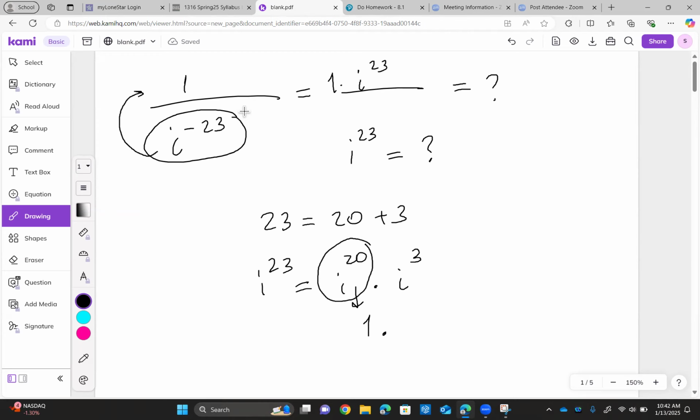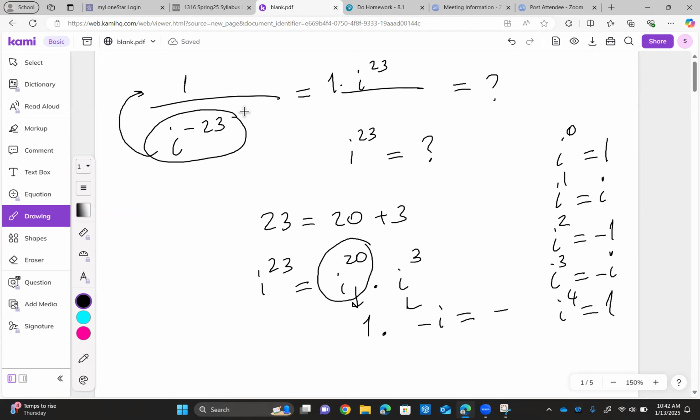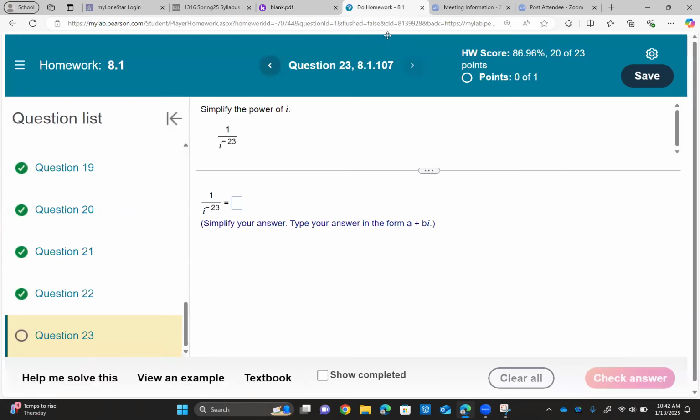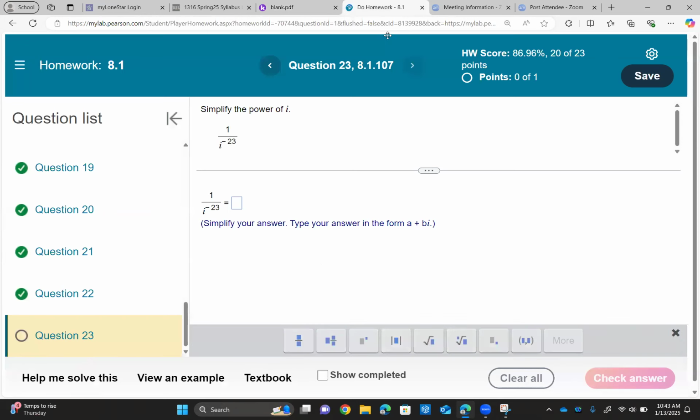And i cubed, remember the original chart, we said i to the first power is i, i to the second power is always equal to -1. i to the third power will be the product of these two things, which is simply -i. And we said that i to the fourth power is a +1. So i cubed is -i according to this chart. So when I multiply these two numbers, my answer will be -i for this one.